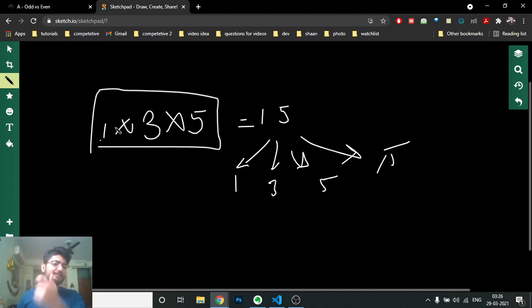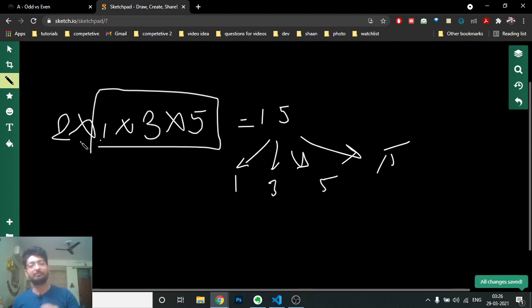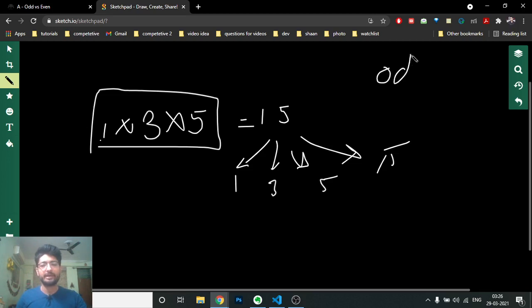And thus, if any number has a factor of 2 in it, it will become even, and then there will be some even divisors also. But if there is no 2, that is, the number is odd, then all the factors will be odd numbers, and any subset of those odd numbers will give odd divisors.